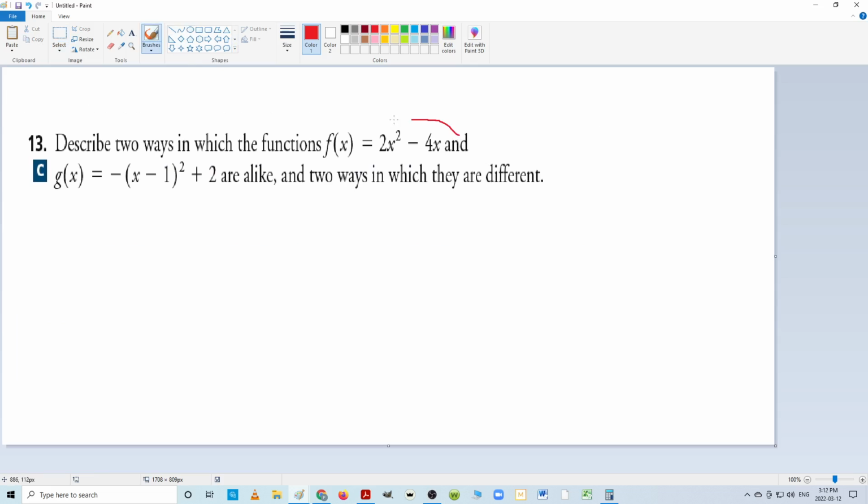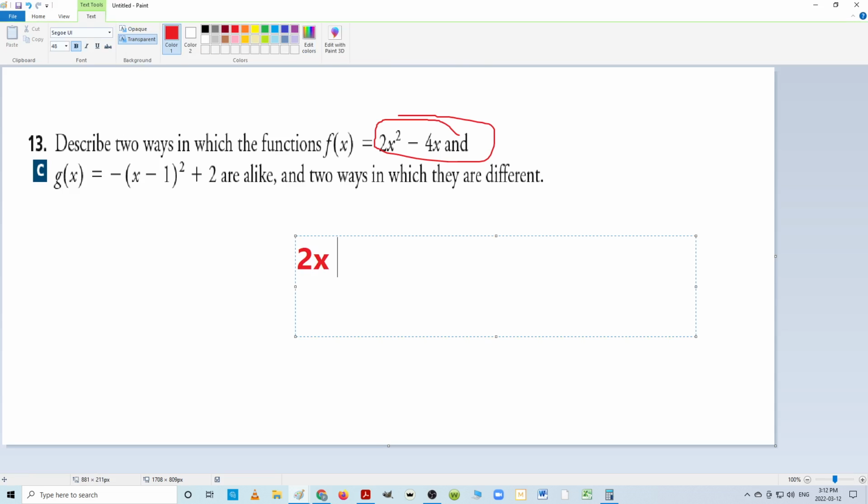Okay, well, let's factor this one first. Okay, so the intercepts of this one are 0, 0 and 2, 0. The axis of symmetry is at 1, and the vertex is 1, minus 2, I think. Or is it 1, 2? Hang on.